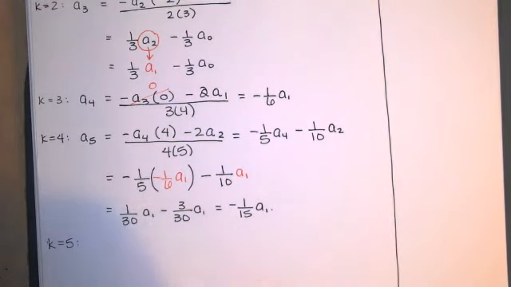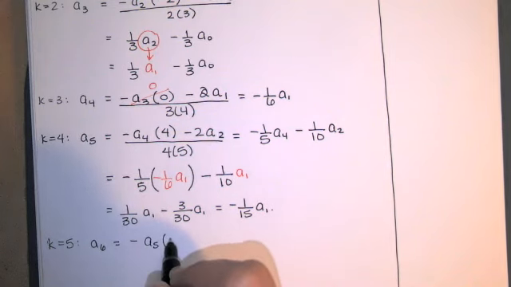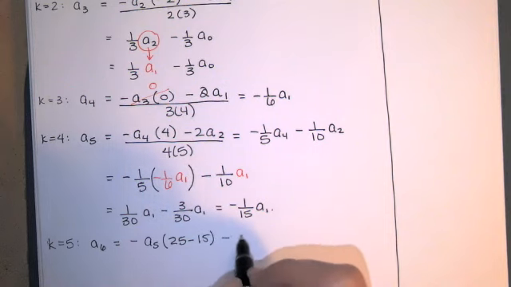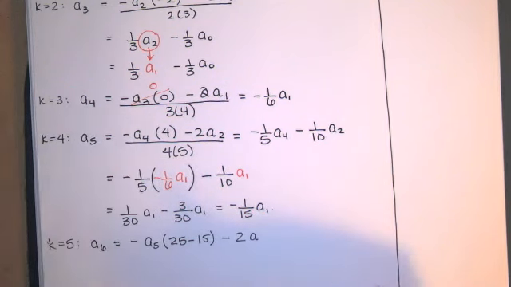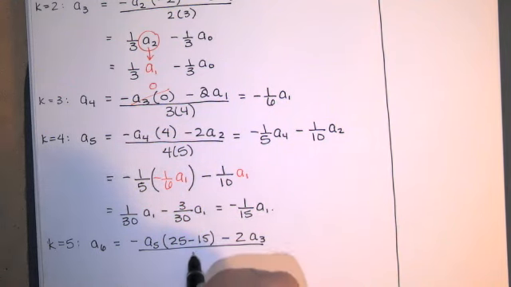Now let's evaluate this at k equals 5. So I have a sub 6 equals negative a sub 5 times k squared, which is 25, minus 3 times 5, which is 15, minus 2 times a sub 5 minus 2, which is 3, all divided by 5 times 6.